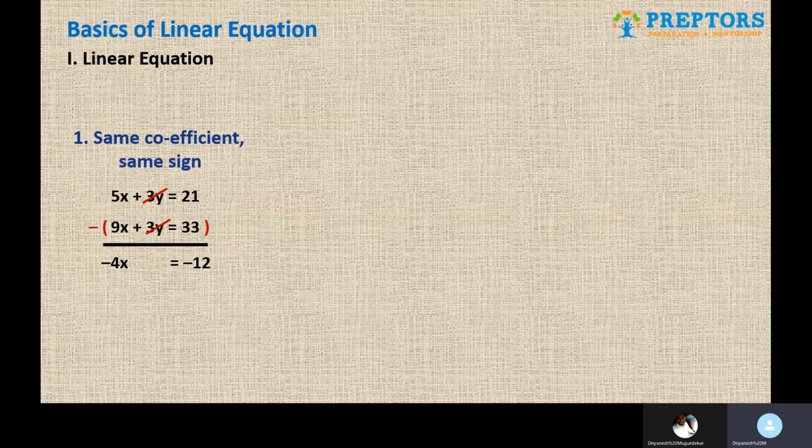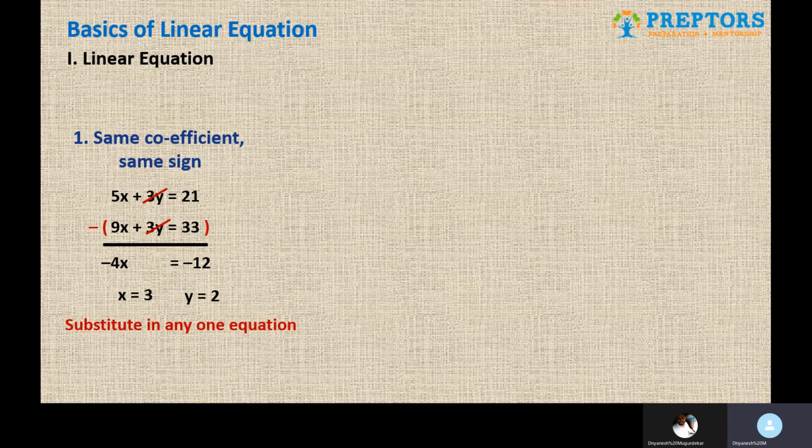So you subtract, same coefficient, same sign, y gets cancelled, you are left with x. Suppose x is equal to 3 in this case. You substitute in any one of the two equations given above, and you will have your answer for y as well. When you do that, you get y as 2. So this is the first category.